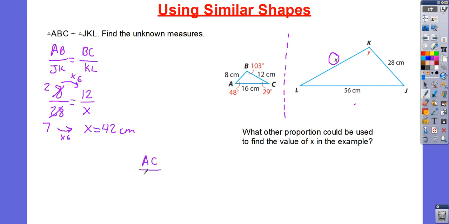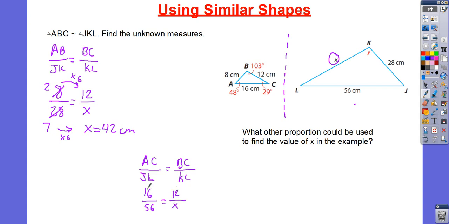AC corresponds with JL. And then let me put my unknown side again. BC corresponds with KL. So AC is going to give me 16 over 56. And then BC is the same thing, so it's going to be 12 over X.